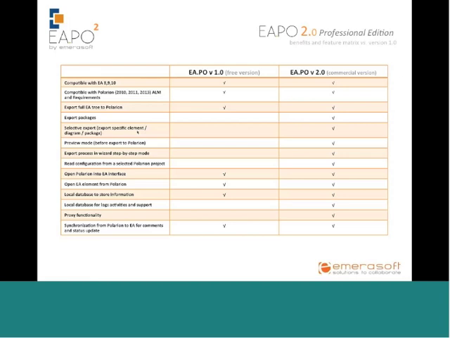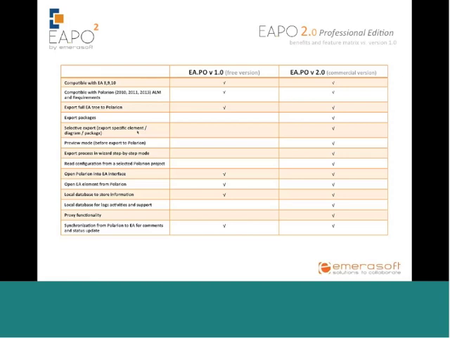Then we added a new local database to provide better support. In this database, every activity is logged, and for support it is a great feature. We also added proxy functionality, that is absolutely important in big environments.